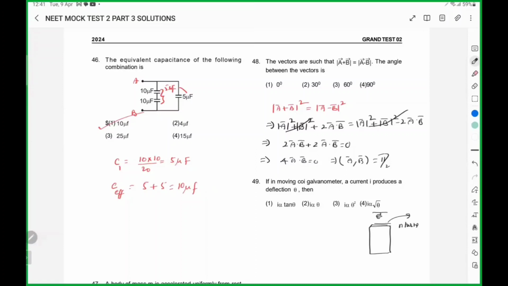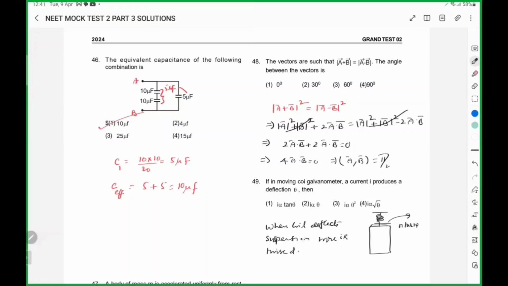Here this coil is connected with a screw. When the coil deflects, the suspension wire is twisted.